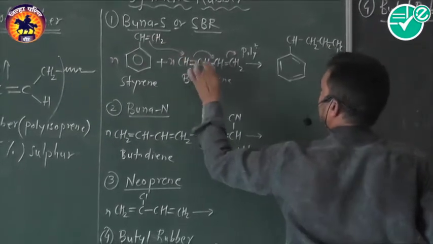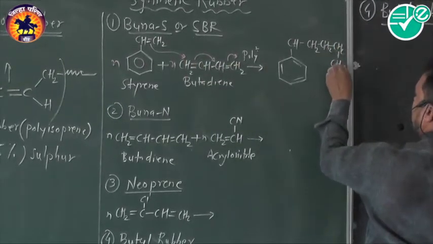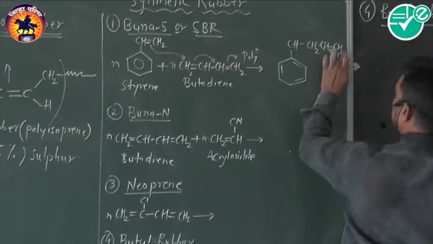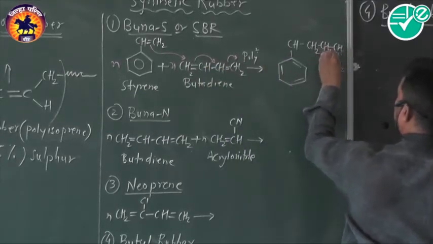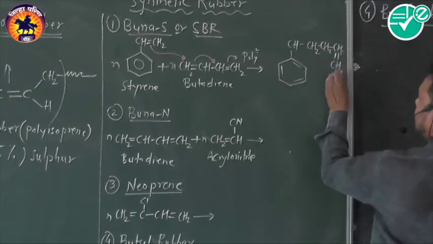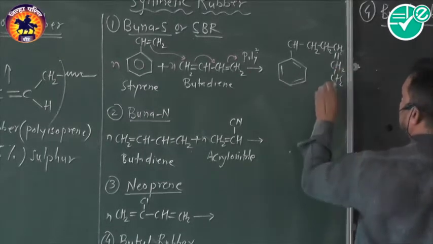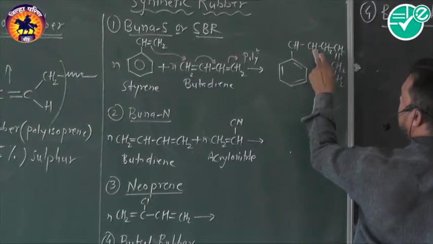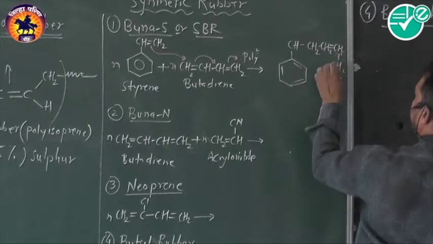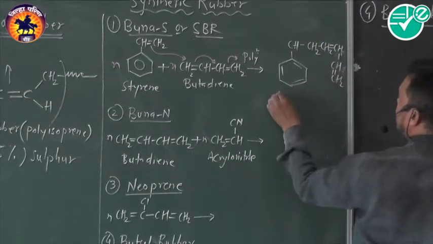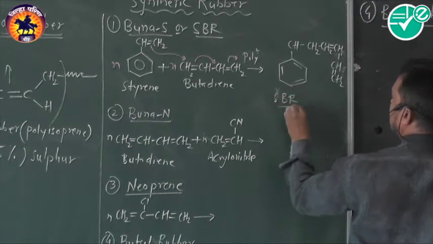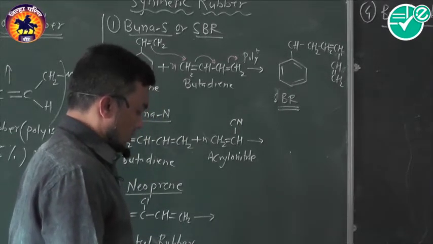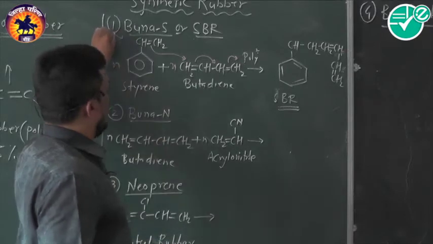So 1 2 3 4 5 6, 1 2 3 4 5, and finally it forms this: CH2 CH, then a double bond, then a single bond CH2. So this is CH single bond, CH2 single bond CH2. Now a double bond here, and a double bond here form the SBR. SBR is used in the tubes of tires and in bubble gum.